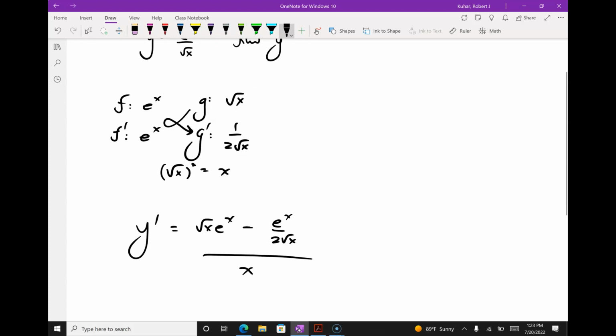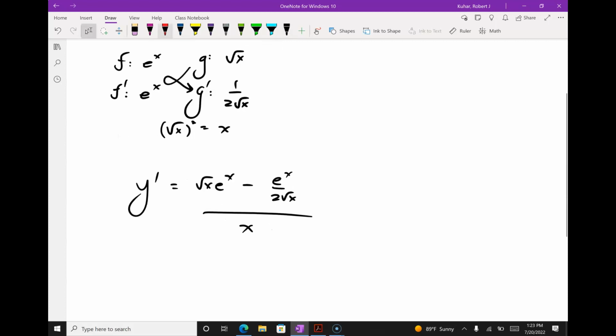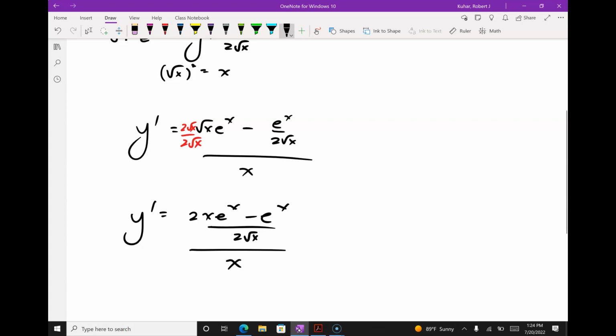I want this thing completely factored before I move on, right? So it looks like I need an LCD here of 2 rad x over itself. And then I can factor out an e to the x.